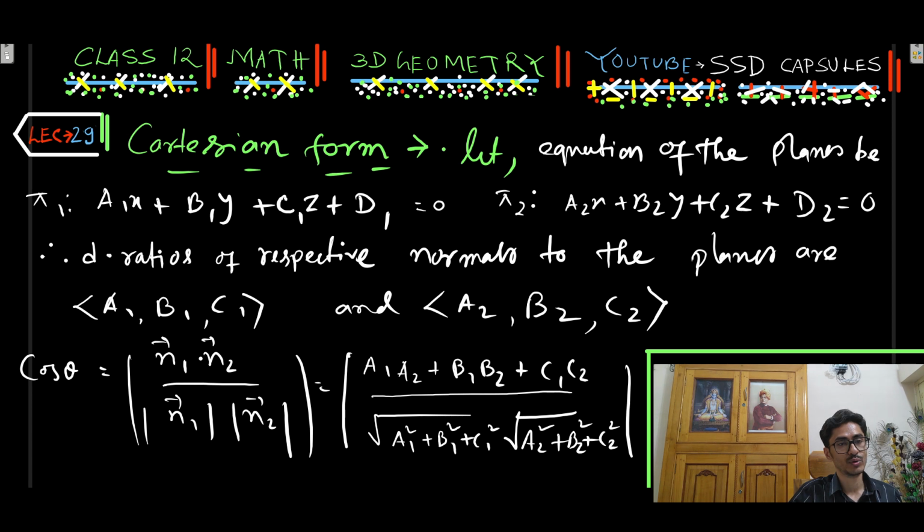So this is relation 2, the Cartesian form. So according to the problem which we were asked in the examination, we have to use the vector form or Cartesian form wisely.